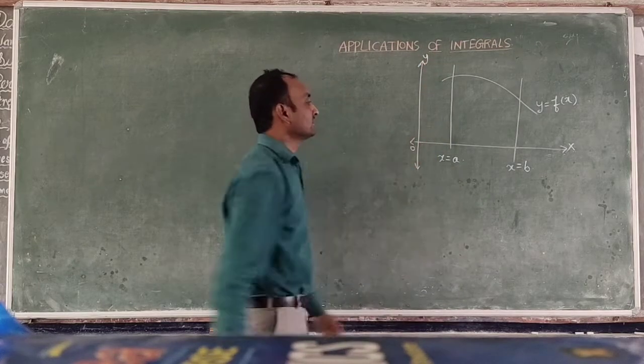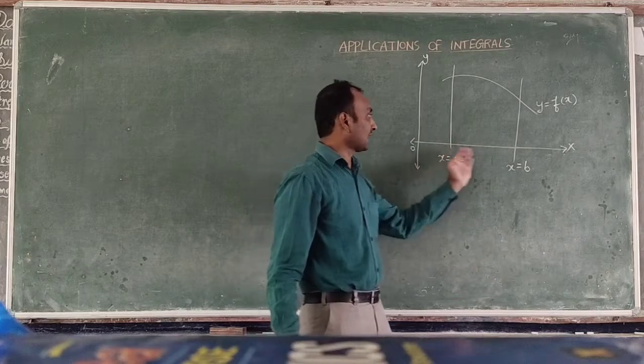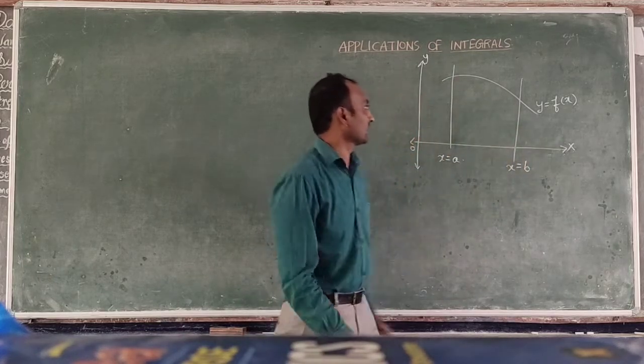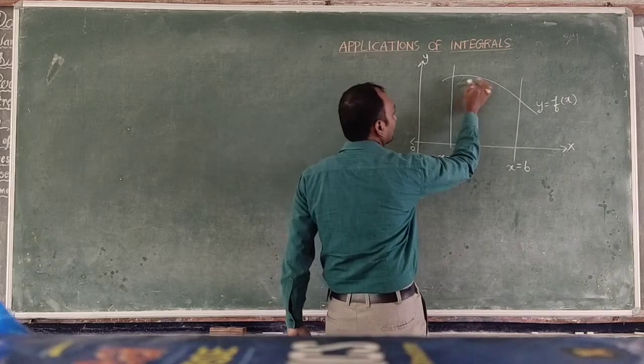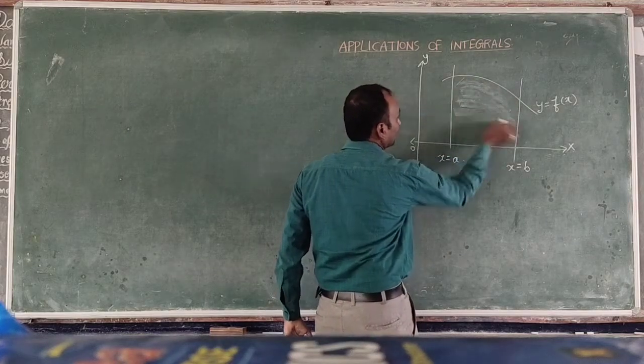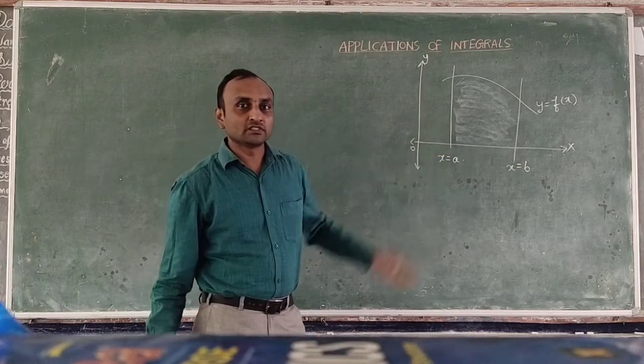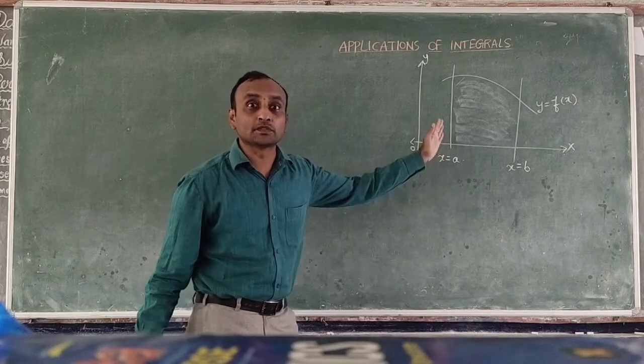So how to find this area? To find this area, we have a method called the vertical strips method.